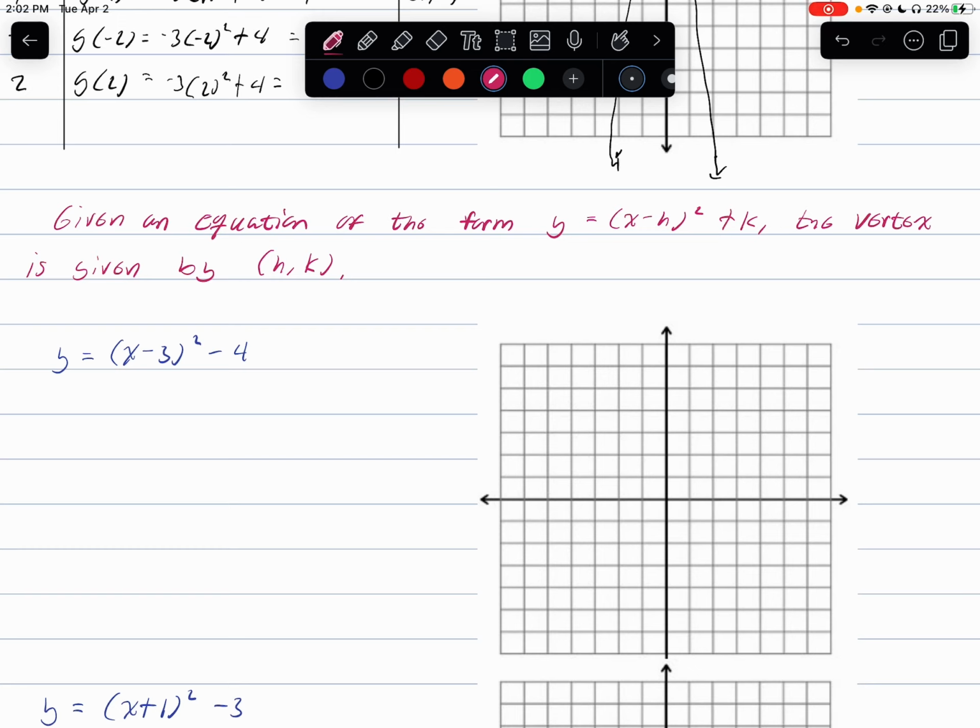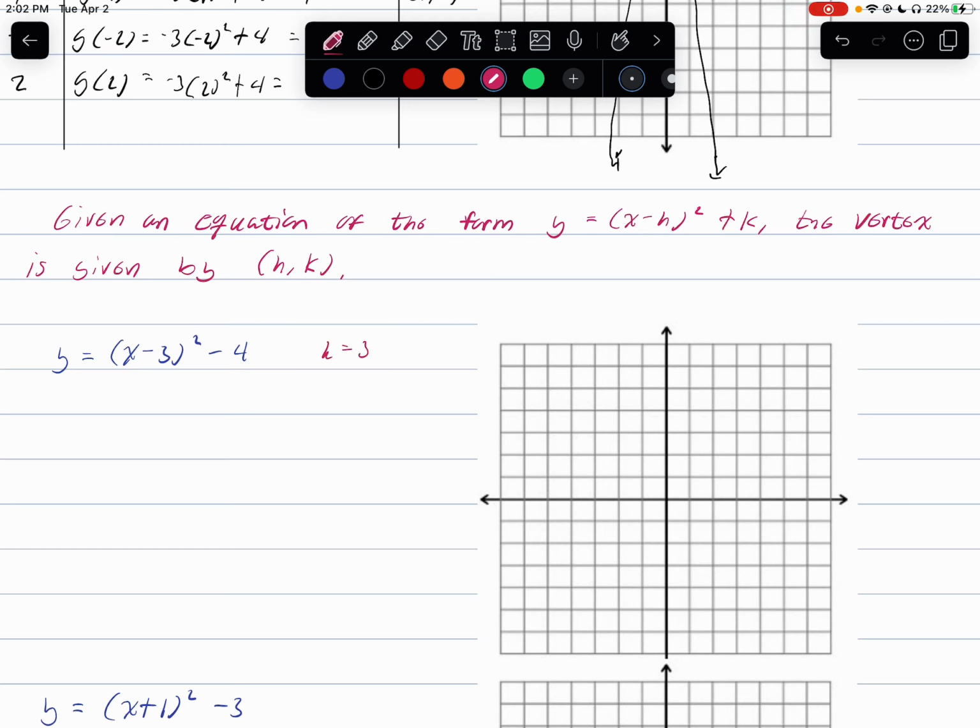Okay, so let's take a look at this example here. Here we have y equals (x minus 3) squared minus 4. The first thing we have to do anytime we're given an equation like this is put it in the form y equals (x minus h) squared plus k. Here we're pretty close. We have x minus 3, so h is going to be equal to 3.